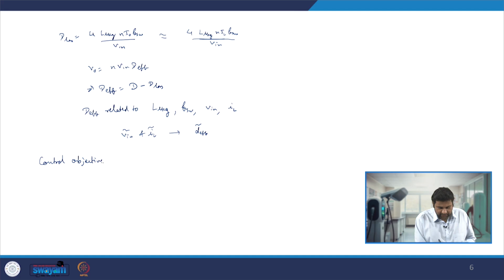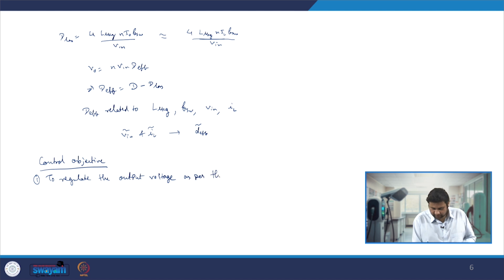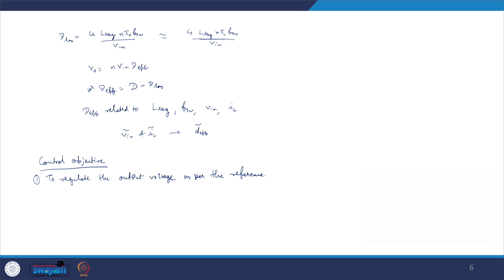The control objective is only one, which is to regulate the output voltage as per the reference. So, it is to regulate the output voltage.